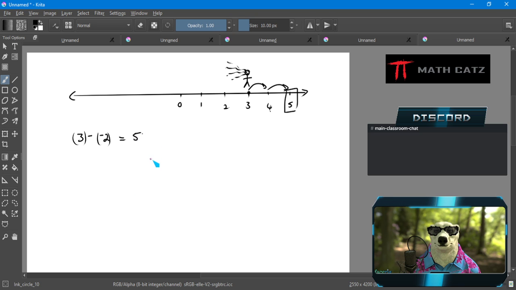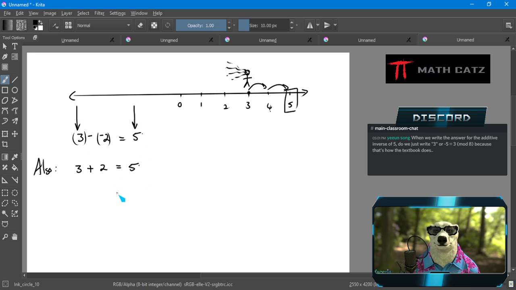I can get to 5 starting from 3 in a different way. I could also say 3 plus 2 equals 5. Those are equivalent. Given the same starting position, I can end up in the same place in 2 different ways.